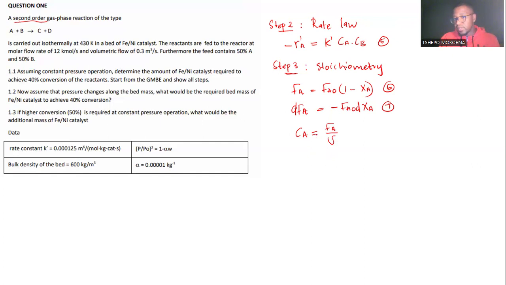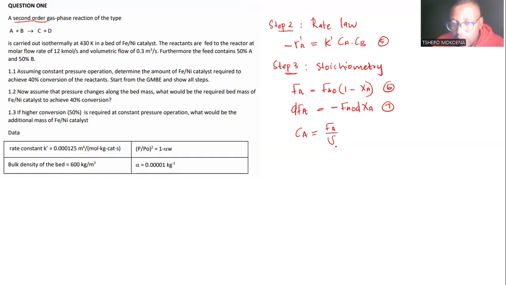To calculate the concentration, we use the number of moles divided by volume. But in this case, if you look at the information provided over here, we have no information about FA. It is true that we have the volumetric flow rate, but we have no information about FA.